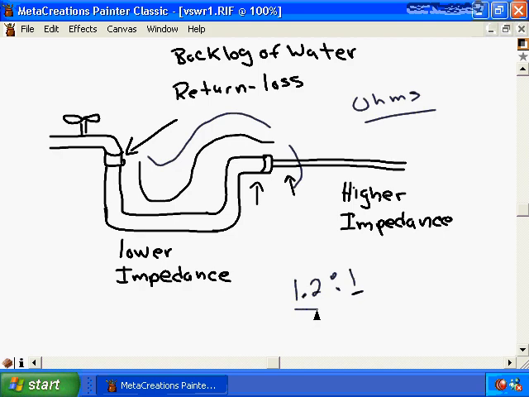So the ideal situation is to have a VSWR of 1 to 1, or a ratio of 1 to 1. And with a ratio of 1 to 1, that would denote a perfect impedance match, and no voltage standing wave would be present in that signal path. So again, this 1-to-1 ratio can be achieved by ensuring that every device from the transmitter to the antenna has the same impedance level.